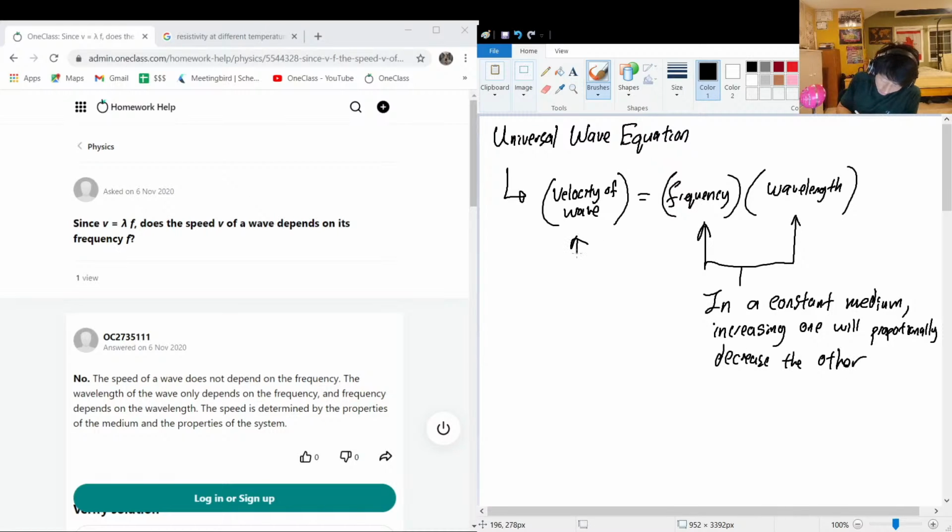The velocity of the wave is defined by the actual material properties of the medium that the wave propagates through. So this depends on the medium that the wave propagates through.